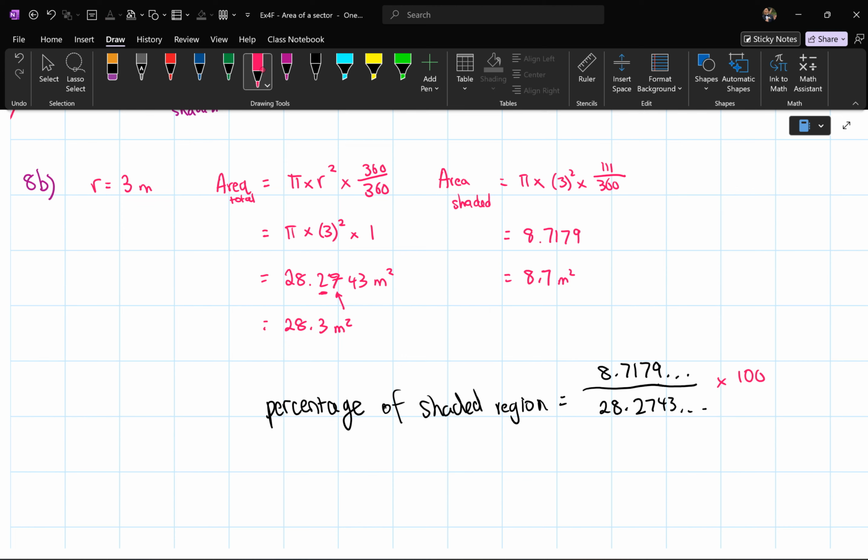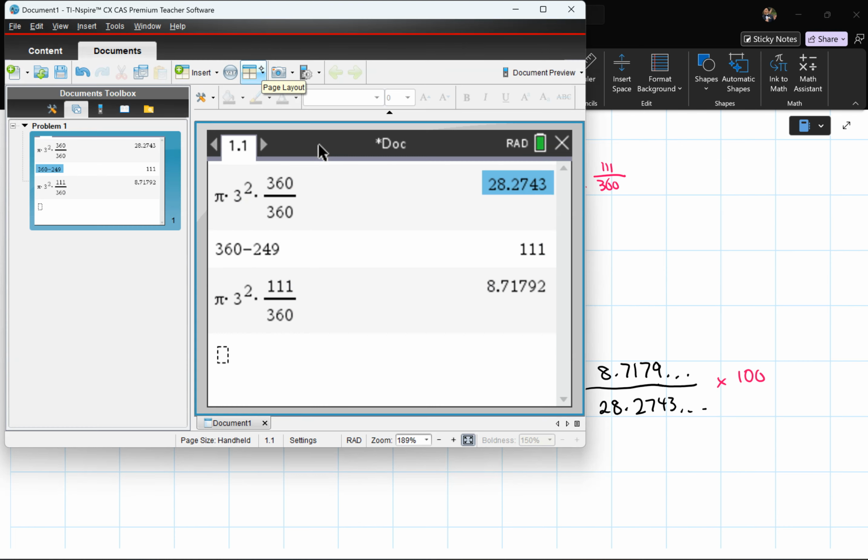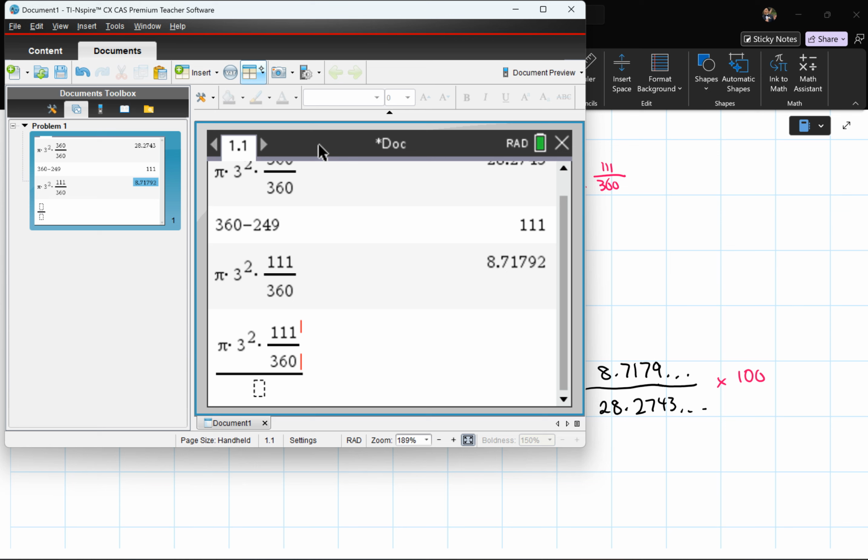We're going to pop it in our calculator. So remember, this was the first area. That's the total area, and this is the shaded area, right? So here we go. I'm going to type it as a proportion. So this is the shaded area divided by... whoops, that didn't work out. I'm going to type it again.